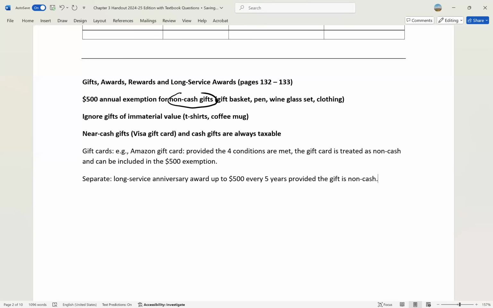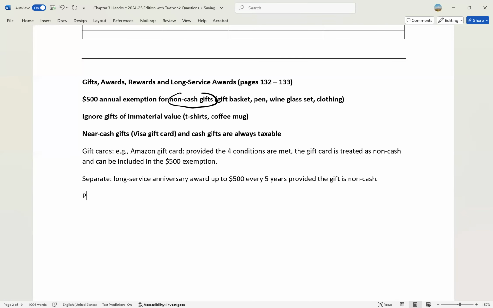Quite often employers will give employees long service anniversary awards. You've been with the company for 5 years, you get a small gift. After 10 years, you get another gift, provided it's every 5 years and not more than that, and provided it does not exceed 500 and the gift is non-cash, then once again, this would be exempt as well.